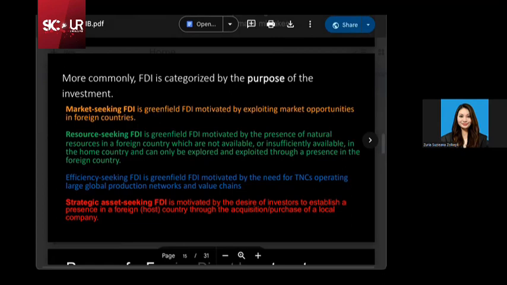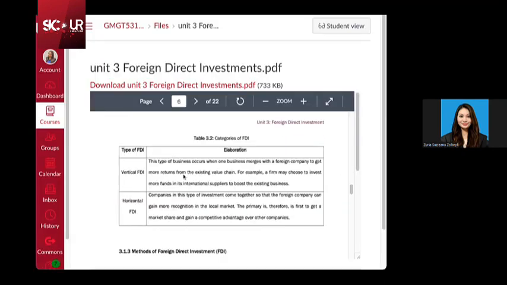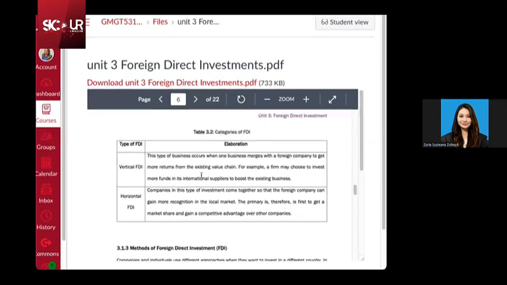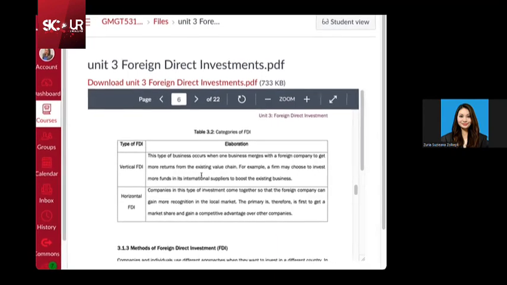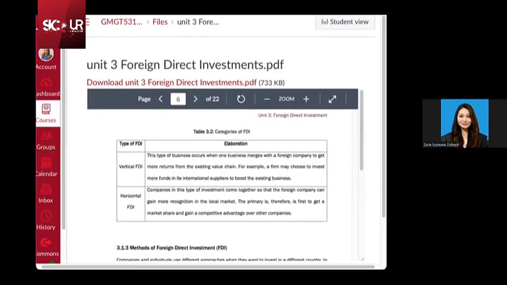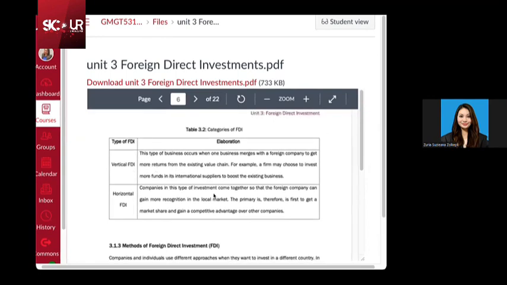Let's take a look at this. So for efficiency seeking, is it vertical or horizontal? It's vertical, because vertical here is when the business merges with a foreign company to get more returns in the existing value chain, with international suppliers to boost the existing business.